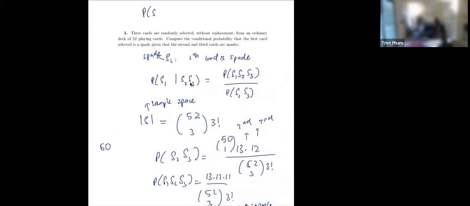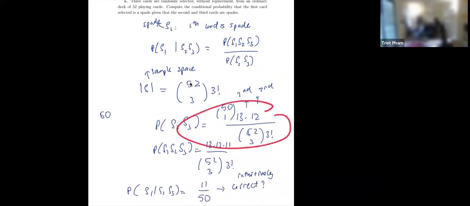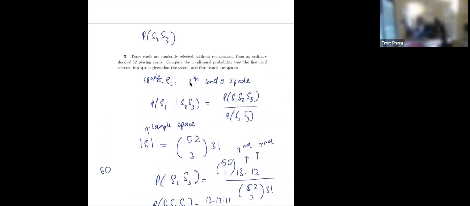For example, what's P(S2, S3)? We did this by counting, but what this would be is something like P(S3 given S2) times P(S2). So now think about it. What's P(S2)?